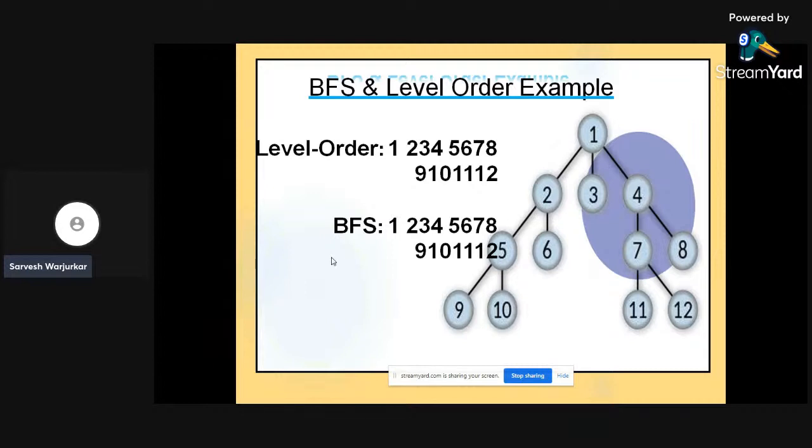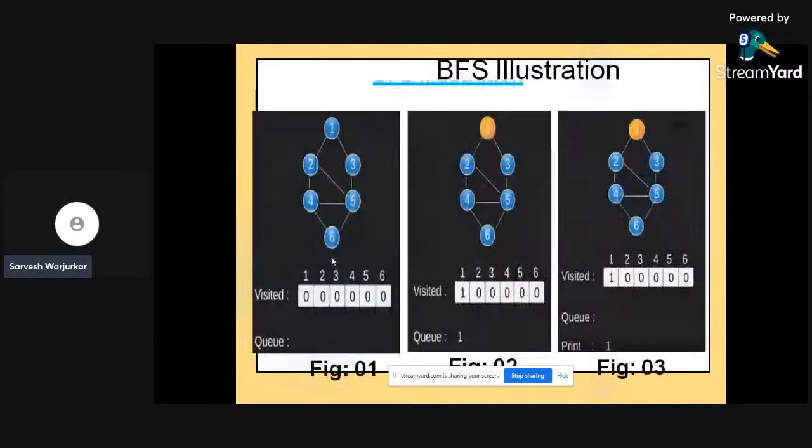If I visit it in terms of breadth first search, the breadth first search for the given tree is exactly the same. 1, the next 2, 3, 4, the next 5, 6, 7, 8, the next layer or next breadth. Breadth means the distance or measurement, as we know. 9, 10, 11, and 12. So I have mentioned both the level order and the breadth first search there.